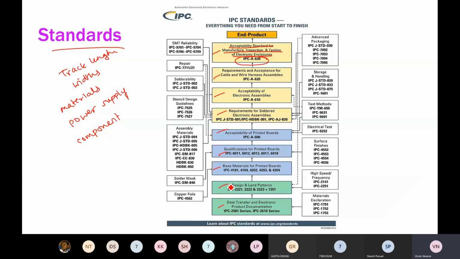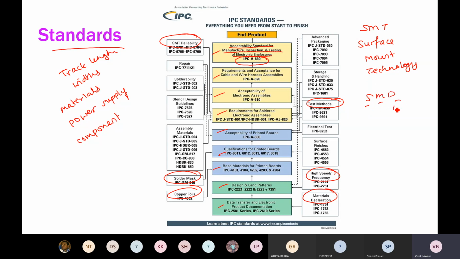You need not remember the numbers of the standards. You have standards for test methods, standards for high speed and frequency, then material declaration, then solder mask, copper foils, SMT reliability. What do you mean by SMT? It is surface mount technology. And if we have D instead of T, that will be surface mount devices.